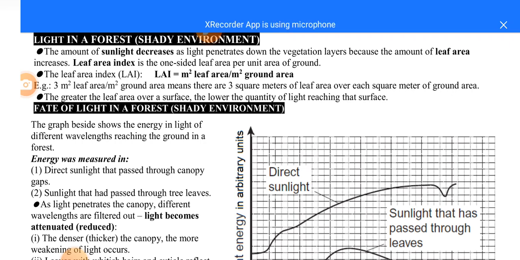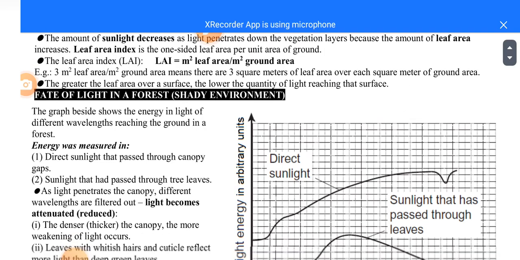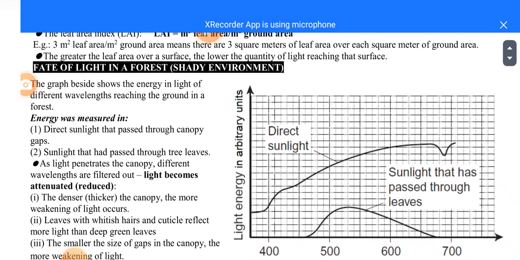Now let us look at the fate of light in a forest, in bracket the shade environment. Below, they are saying that the graph beside shows the energy in light of different wavelengths reaching the ground in a forest.